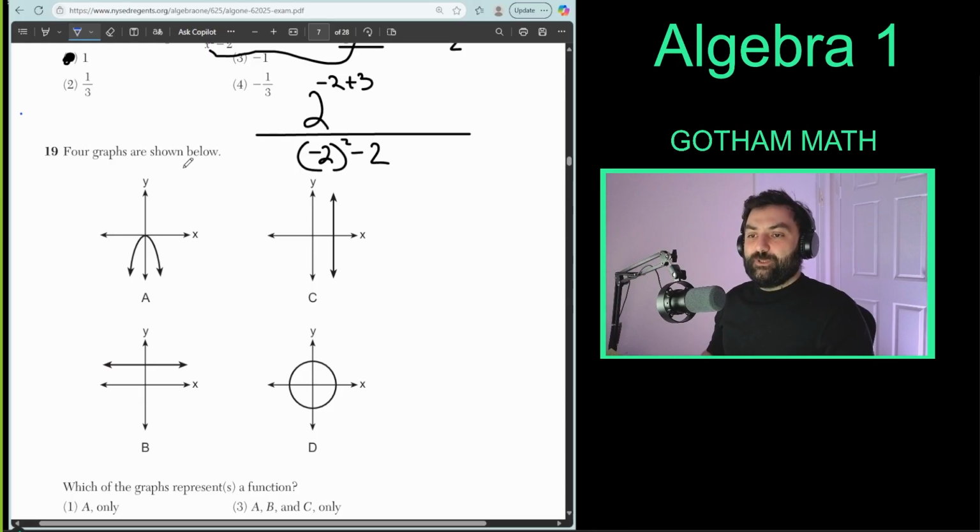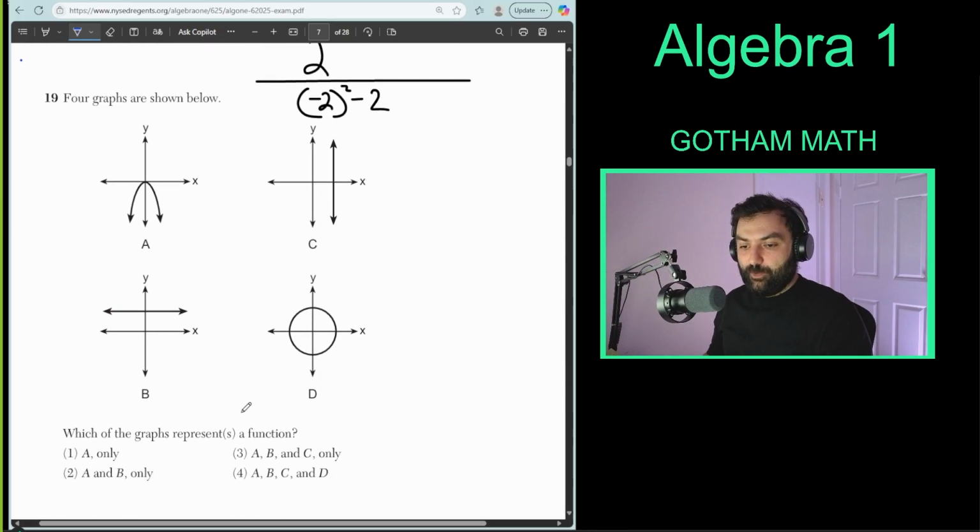4 graphs are shown below. Boom, boom, boom, boom. Which graphs represent a function? All right. Is this a function? Yes, it's just a parabola looking down. It is a function. Is B a function? Yes, a horizontal line is actually a function.